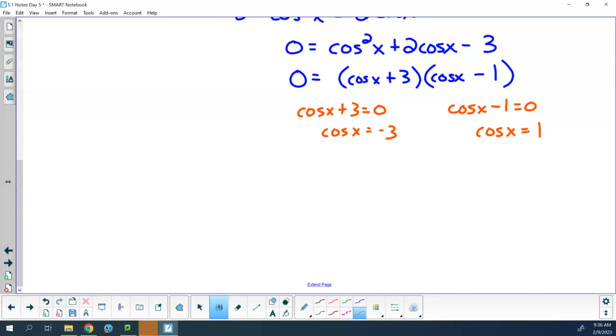Set those two factors equal to 0. Solve them. Where, first lap, unit circle, is cosine negative 3? Nowhere. Can't be. It's got to be between 1 and negative 1. Where, first lap, unit circle, is cosine equal to positive 1? 0.